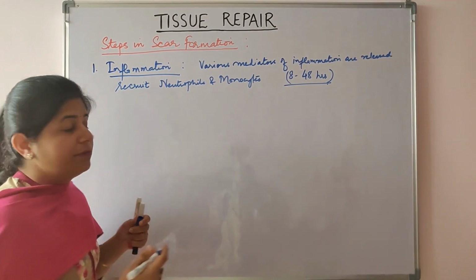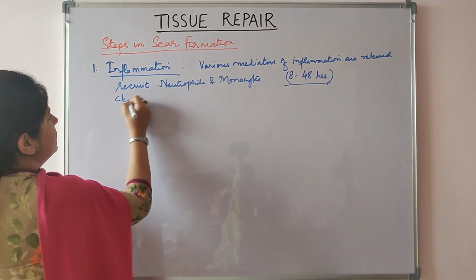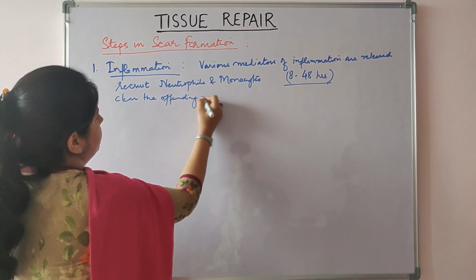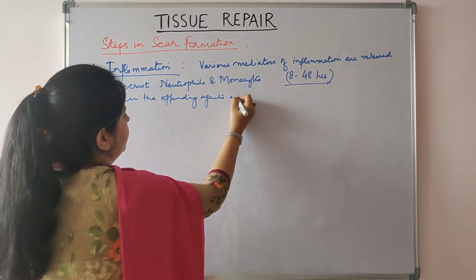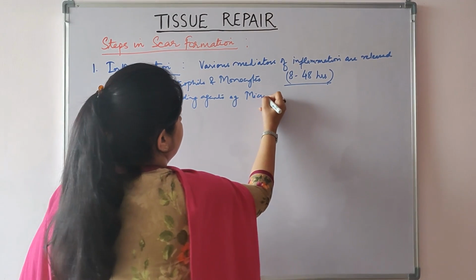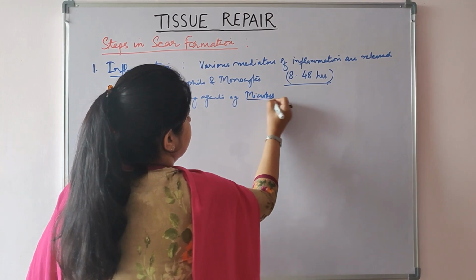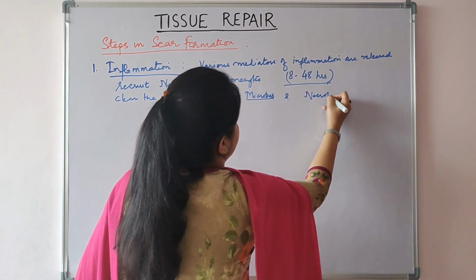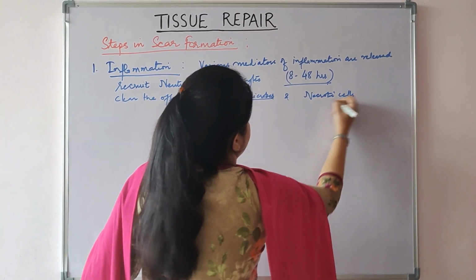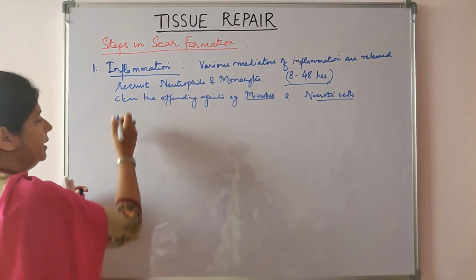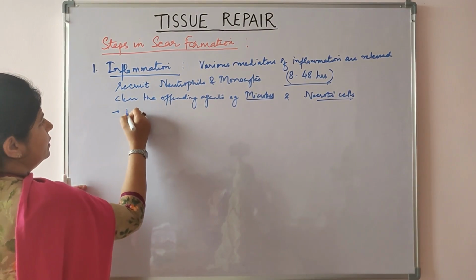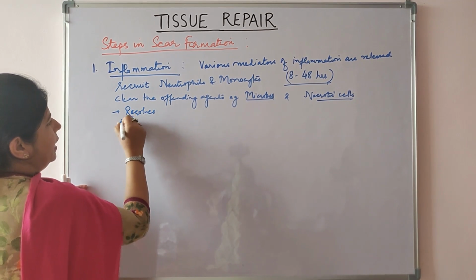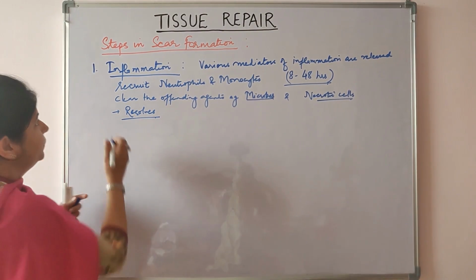These inflammatory cells then clear the offending agents, for example the microbes that may have entered through the wound, and they clear the necrotic cells and debris. After that, inflammation resolves, and there is a clean wound.